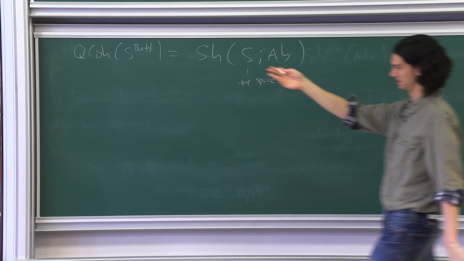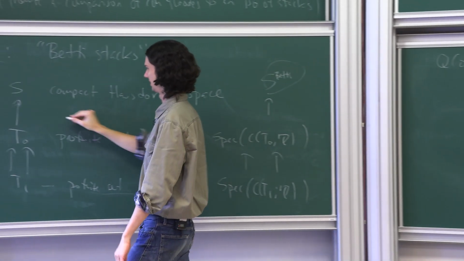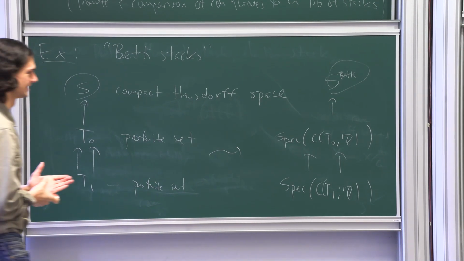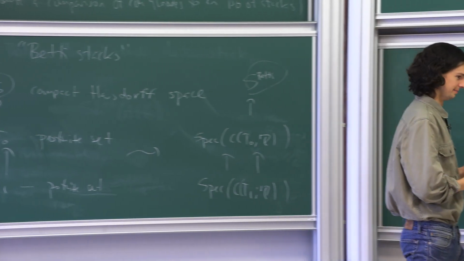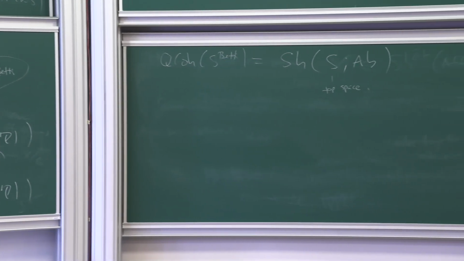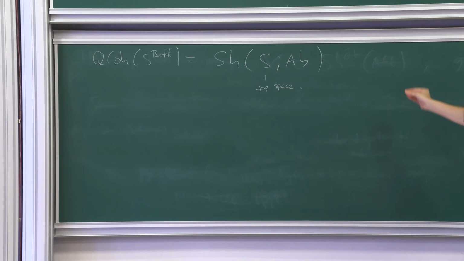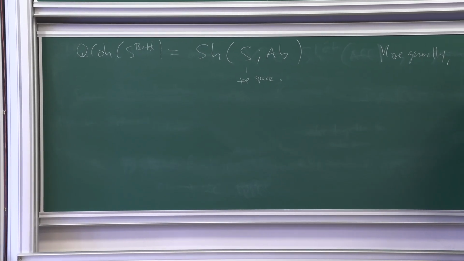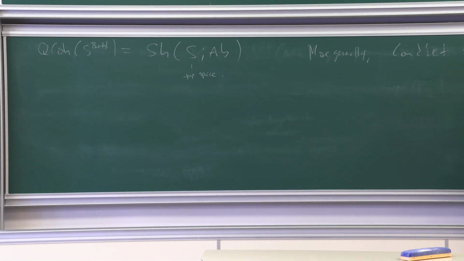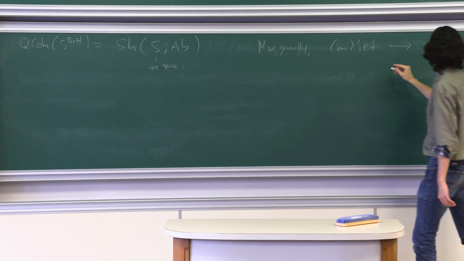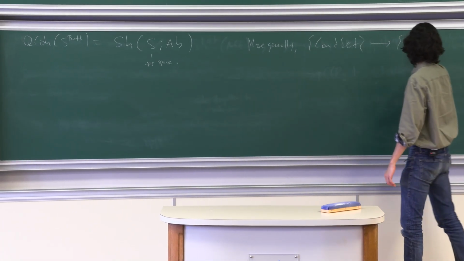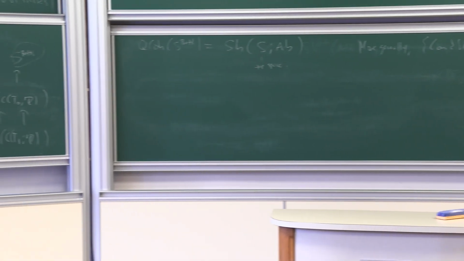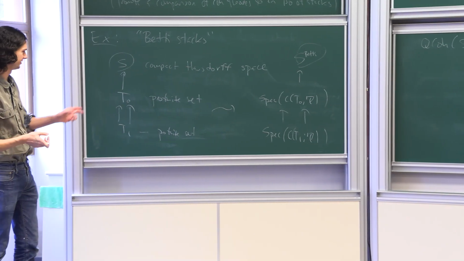Coherent cohomology on this Betti stack is just usual topological cohomology of the topological space S. And more generally, you can view a condensed set as some kind of stack. Just take the presentation you have in terms of profinite sets and then map it over to the world of stacks via this procedure.